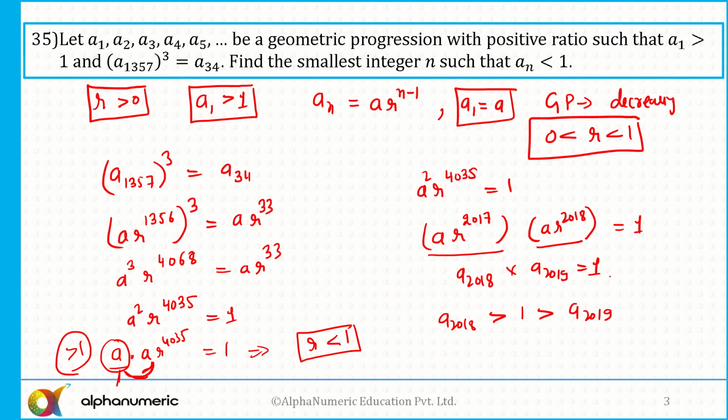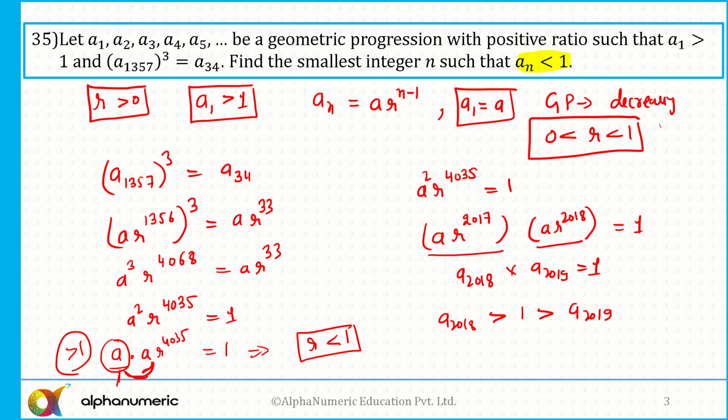Why? Because this sequence is a decreasing sequence. So the value keeps on decreasing. And we know that A2018 has to be greater than A2019. So what is the answer? The question was: find the smallest integer n such that an is less than 1.